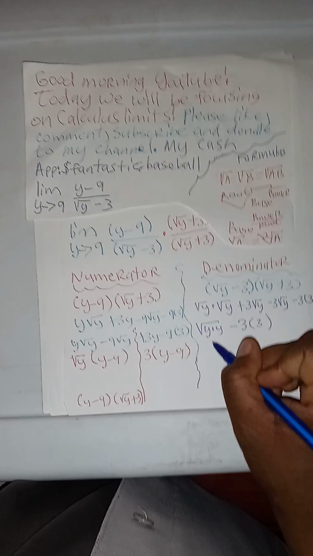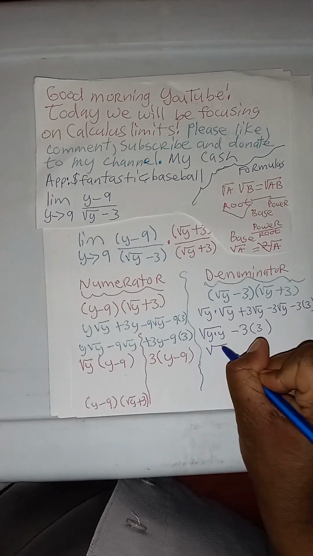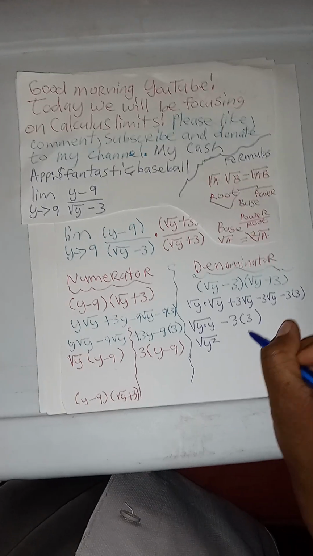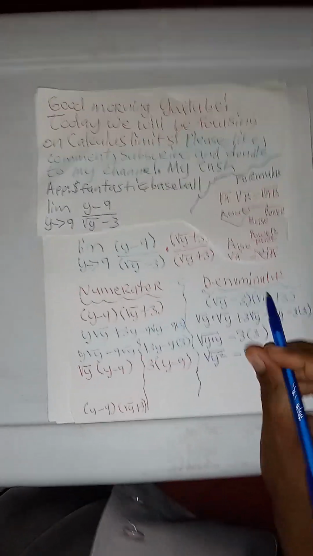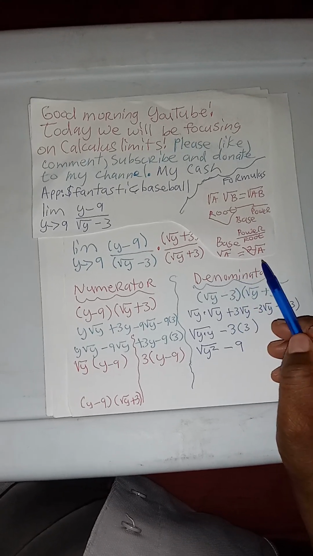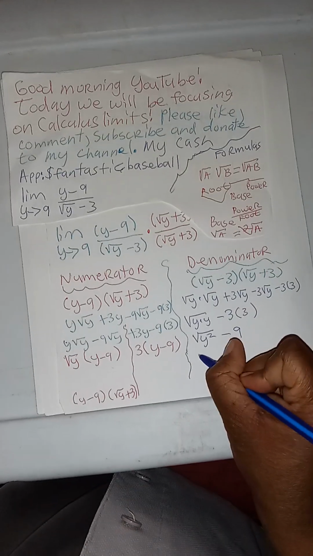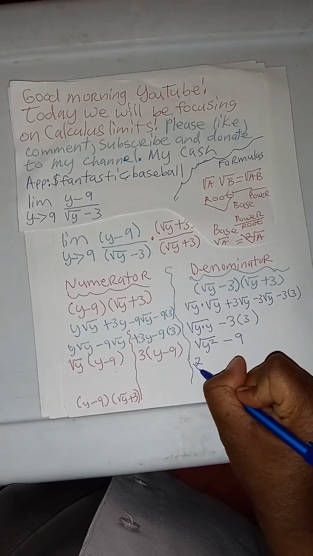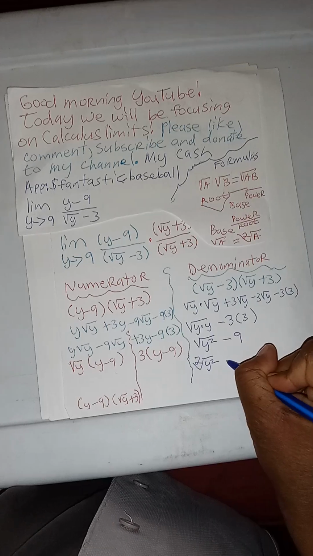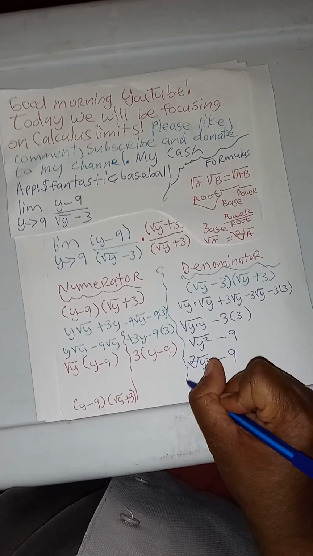Then the square root of y times y will break down to the square root of y squared minus 9. Then the root for the square root is a 2, as stated right there. So the 2 square root of y squared minus 9. And then we utilize base to the power divides the root.